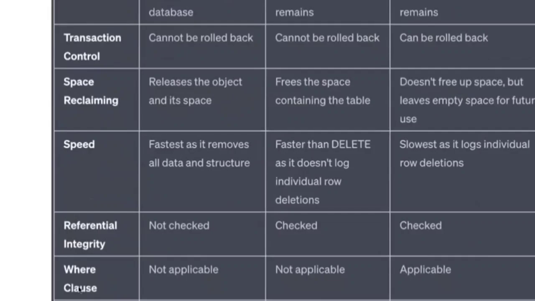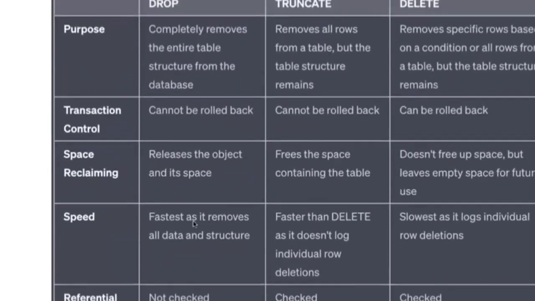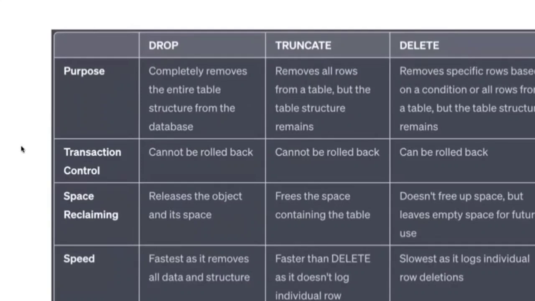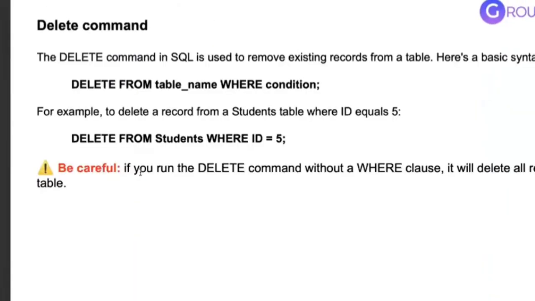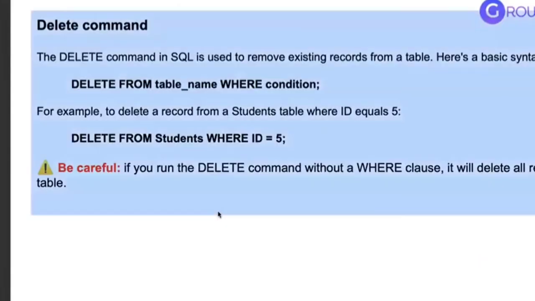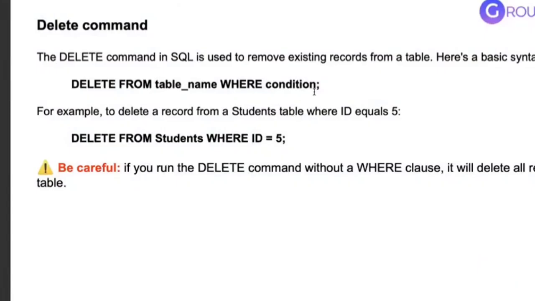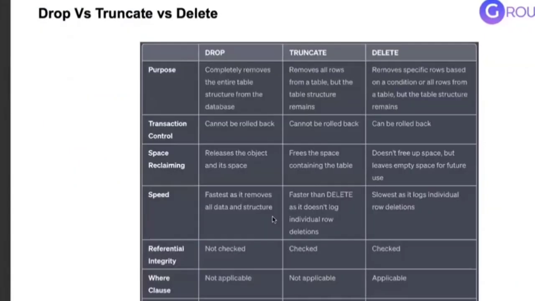Okay. Now, the where clause. As I said for the delete operation, and I showed you the syntax as well, with delete you have the flexibility to use the where condition, that means the filter condition. So selective delete can be done.